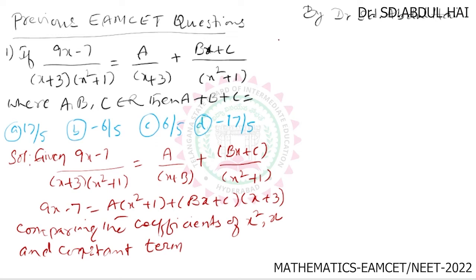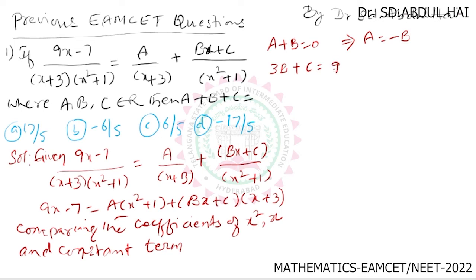So what I am getting? First, if I compare the coefficient of x square, here a, here b, so a plus b is equal to 0, right? This is my first equation. So this I can write as a is equal to minus b, right? Now the coefficient of x, that is b into 3 is 3b plus c into 1 is c. So 3b plus c is equal to 9. Okay.